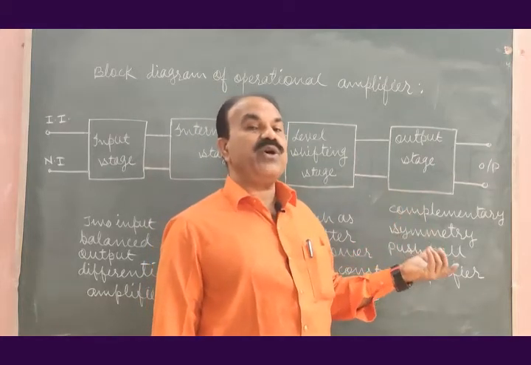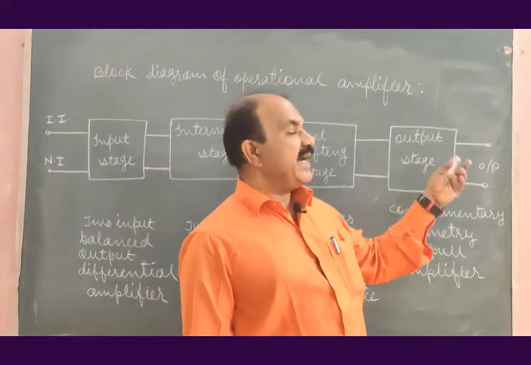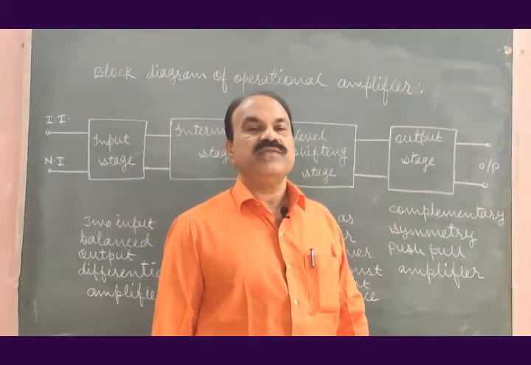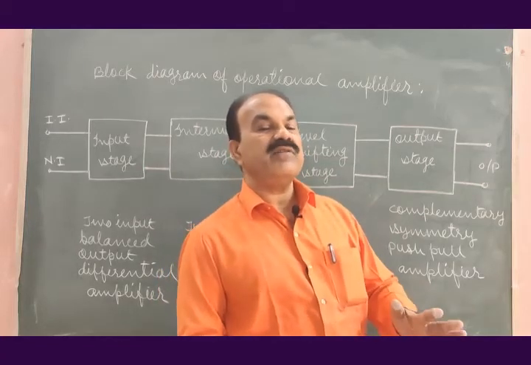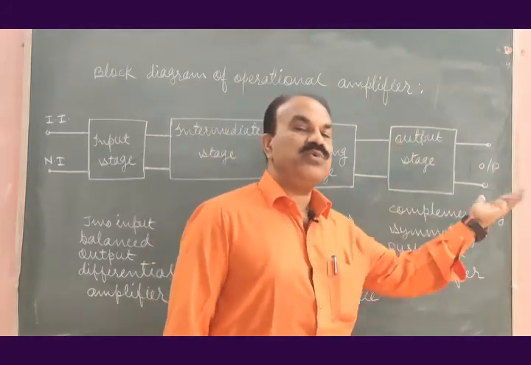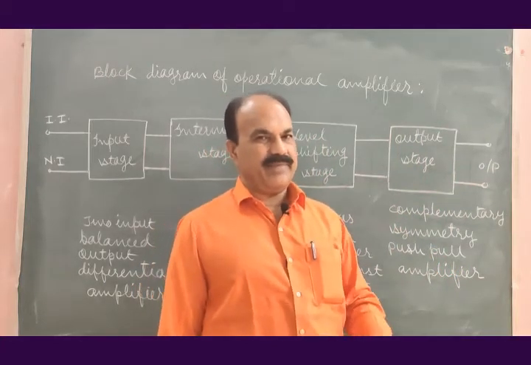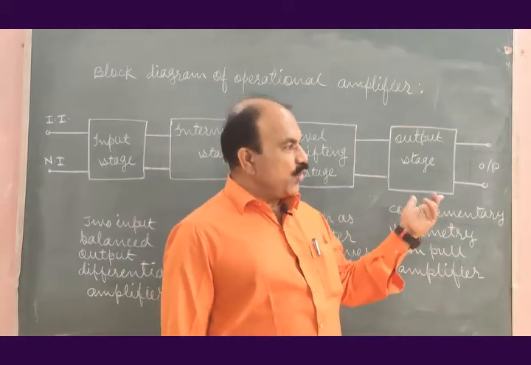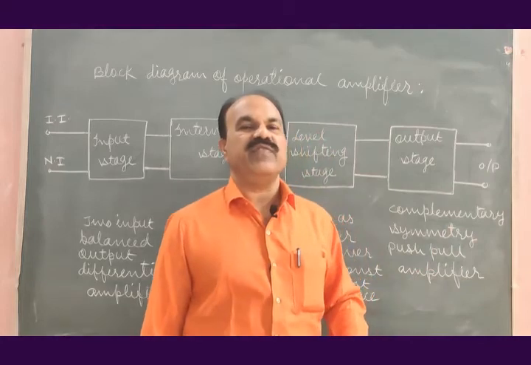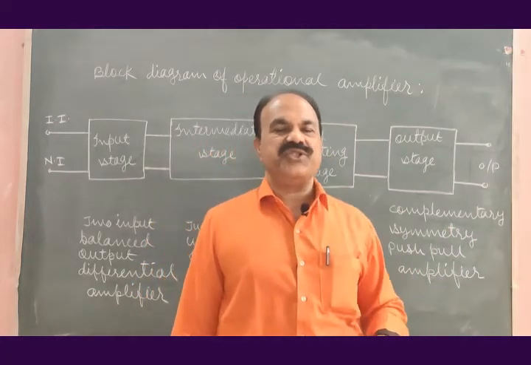This is used because the current level and voltage level at the output will be maximum. Maximum power can be transferred by the output stage at the output of the operational amplifier. At the same time, it lowers output impedance of the operational amplifier. Ideally, output impedance of the operational amplifier is taken as 0.